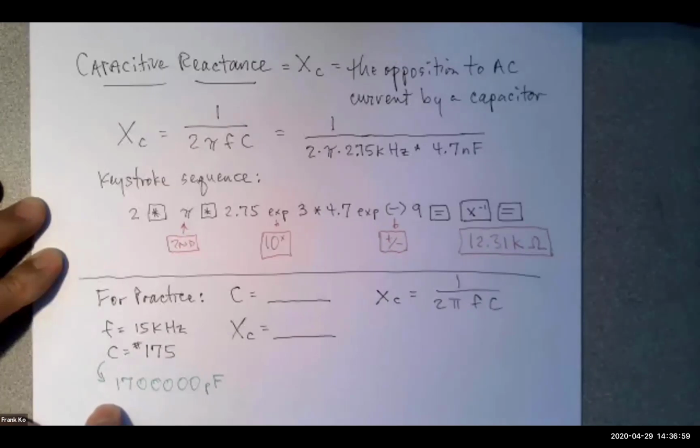Is everybody okay with this part of the interpretation process? Kyle says you start off with the first 2 digits, then you add the number of zeros specified by the third digit, which is 5, so I add 5 zeros, and we must write down picofarads. So this is our starting point in the decoding process.